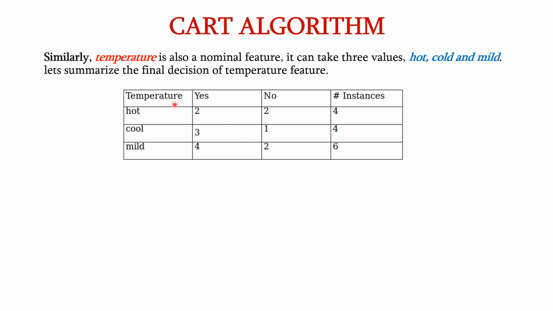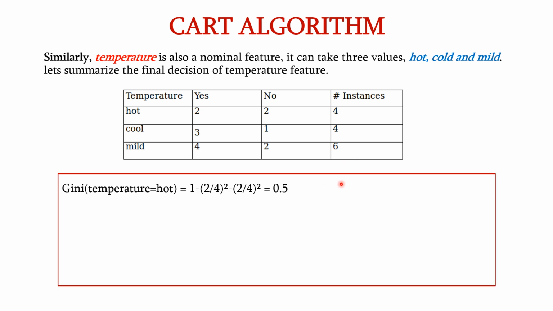For hot we have 2 yes and 2 no instances, totally 4 instances. For cool we have 3 yes, 1 no, totally 4 instances. And for mild 4 yes, 2 no, totally 6 instances. We can verify this with the original table.